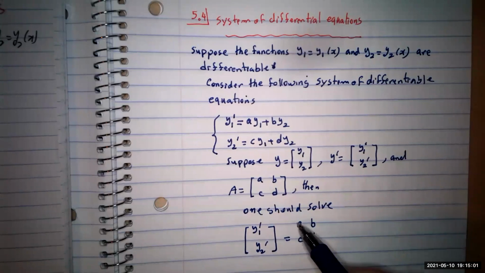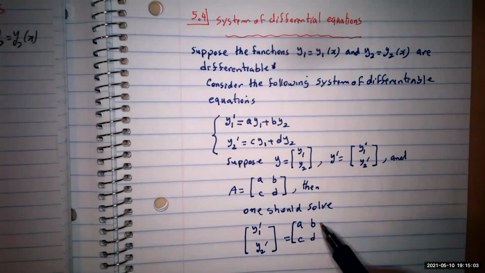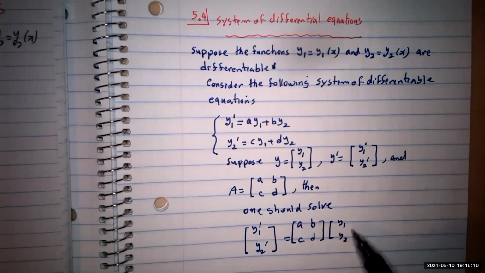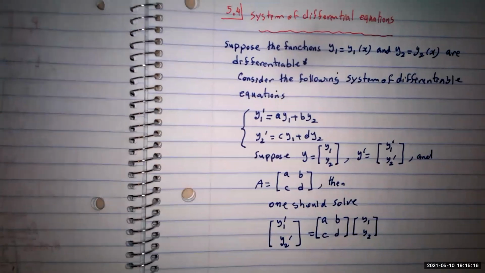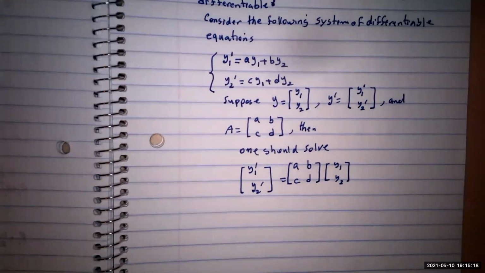This is going to be your matrix A, times y1 and y2. So we change the system of equations into the matrix form, if you like.